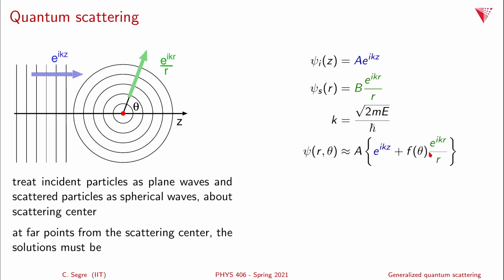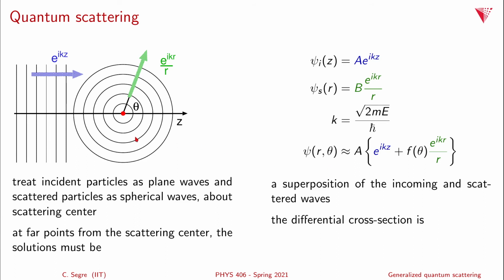And the scattering factor, f of theta, is telling you how much of that incident wave is actually scattered. So it's a number that's less than 1, and it's a function of theta. So this is just a superposition of the incident and scattered waves.